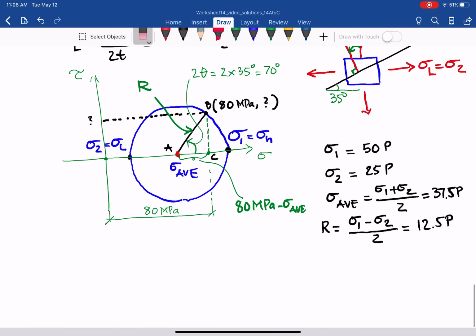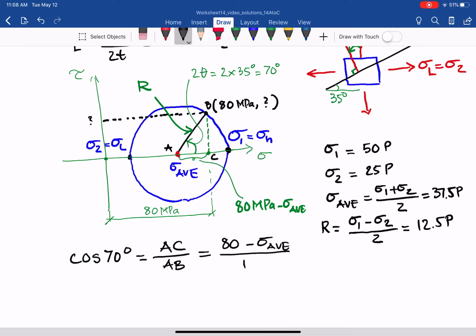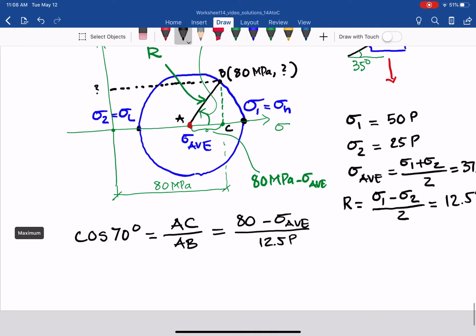So from that, we have cosine of 70 degrees equal to adjacent over hypotenuse, AB over AC. Basically that is 80 megapascal minus sigma average, over the hypotenuse, 12.5p.